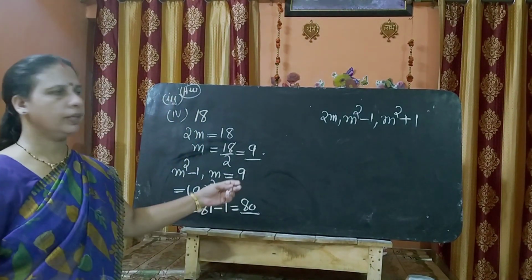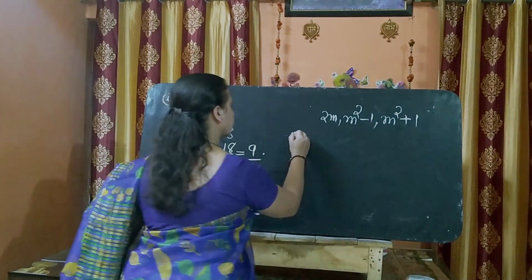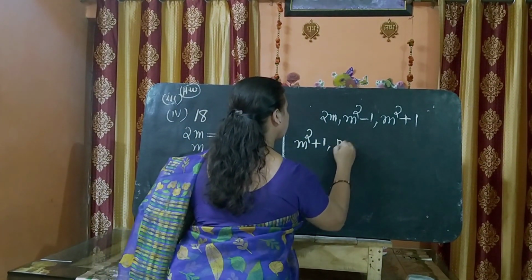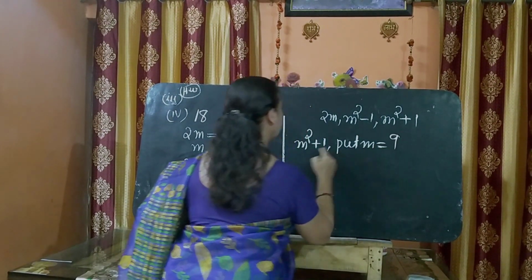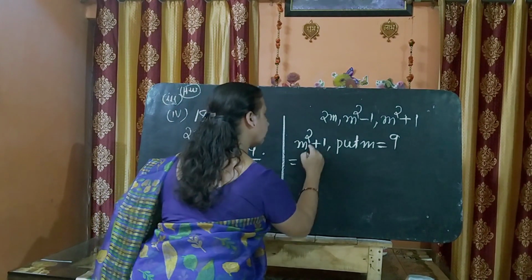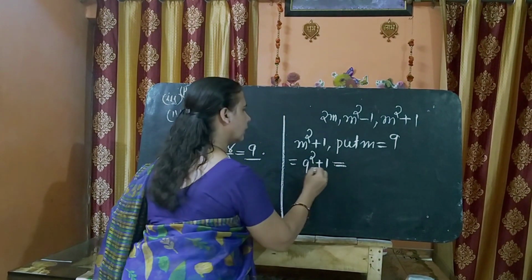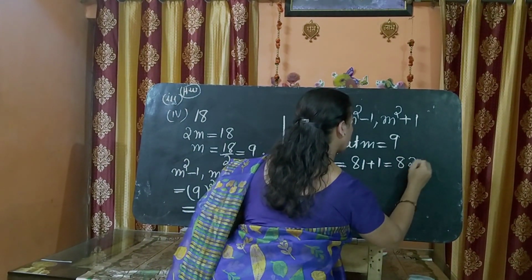Next what we have to find out? M square plus 1. Put the value of m is equal to 9. Then find out m square plus 1. 9 square plus 1, that is equal to 81 plus 1 equals 82.